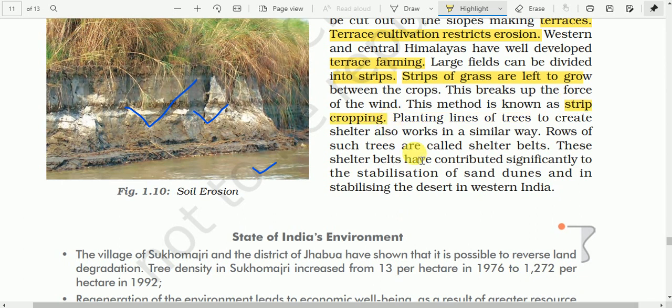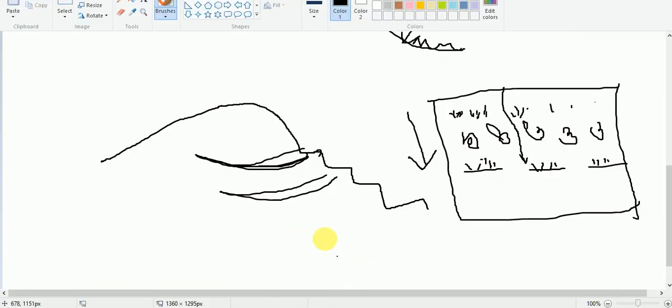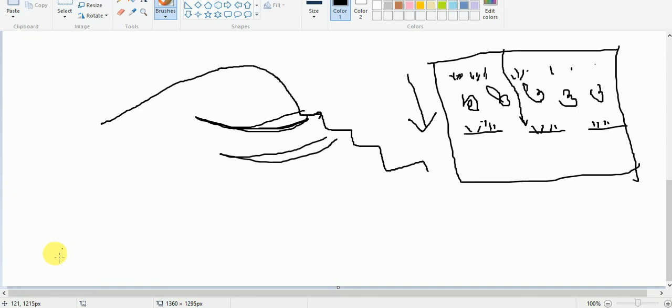Then another method is planting lines of trees to create shelter, which works in a similar way, and this is known as shelter belt. This is done mainly in the desert areas. Here we have to plant trees in a row, in a line, and these rows of trees are known as shelter belts. We grow another row of trees here.